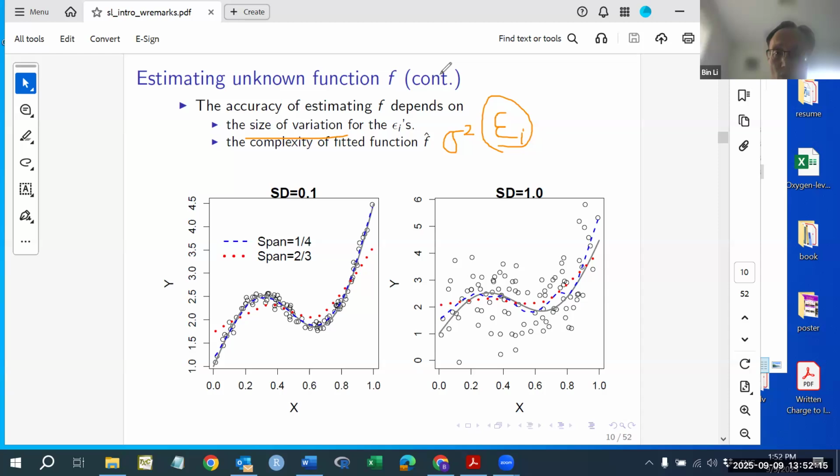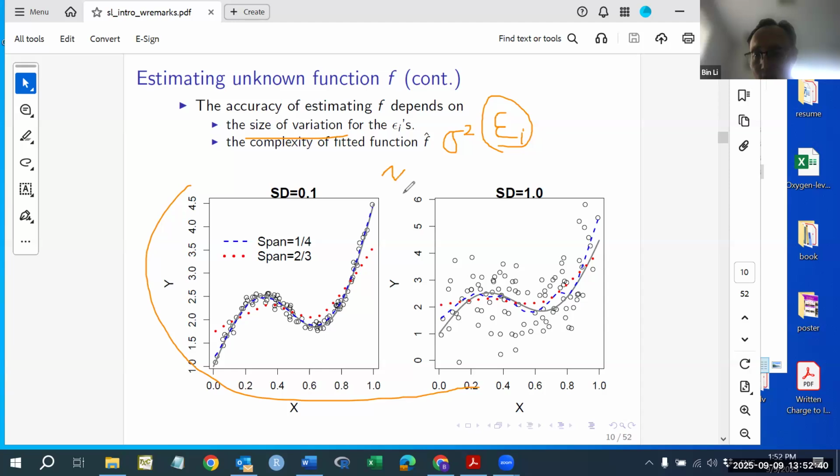Okay, so anyway, here I did a simulation study. So here we have a true function that is the solid gray curve. You can see we have a solid gray curve here and here, and that is the true function f.